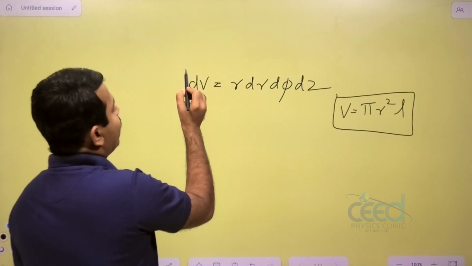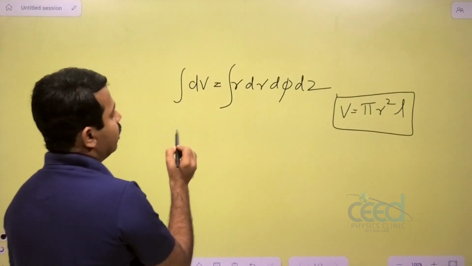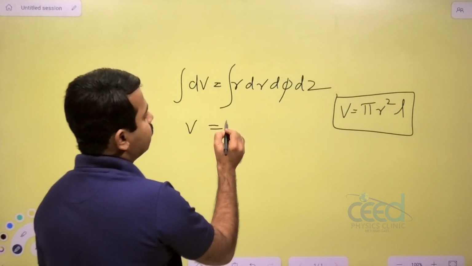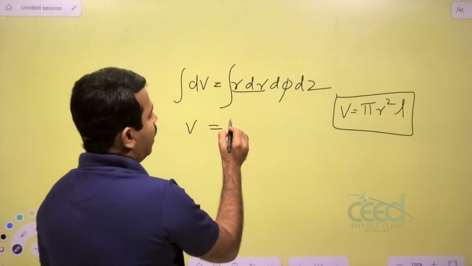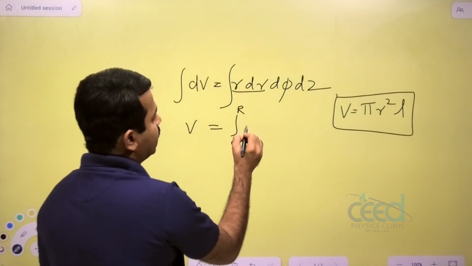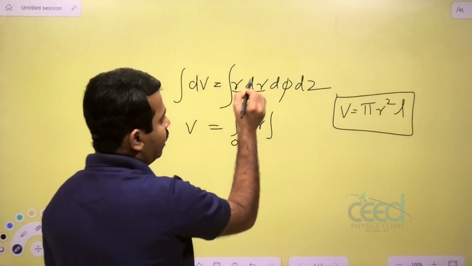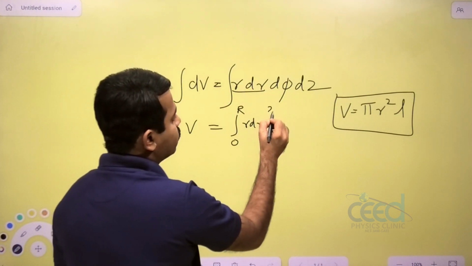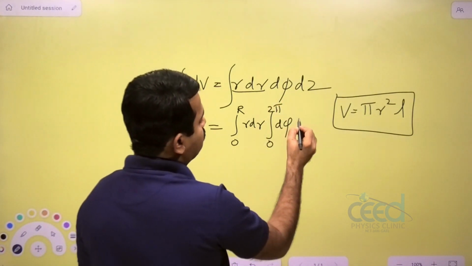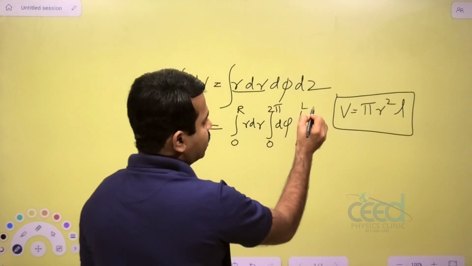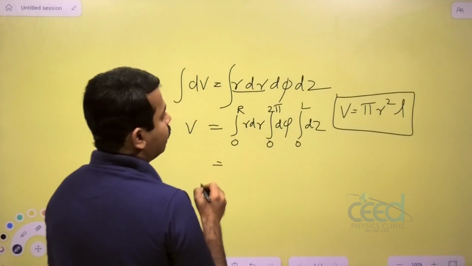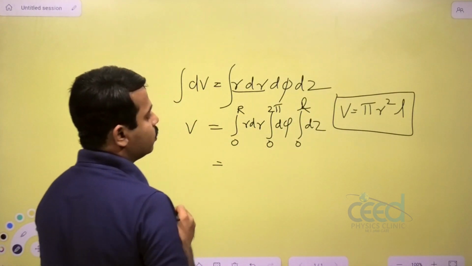So if I am integrating here, integrate this side also. Here we can give limits. r is varying from 0 to R, so that is r dr, and phi is varying from 0 to 2 pi, d phi, and z is the length of the cylinder, maybe small l.